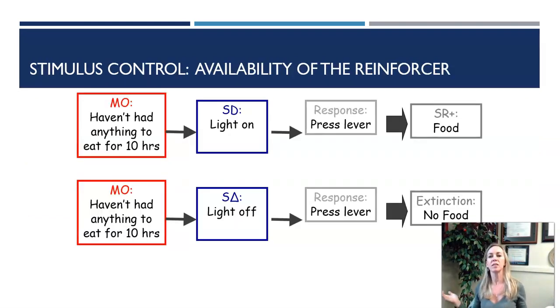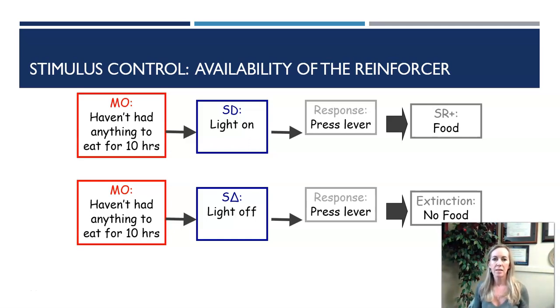Just here, in real Skinner fashion, we'll use the pigeon as an example. If a pigeon has not eaten in 10 hours, he's learned maybe light on, food's available; light off, press the lever, no food's available.